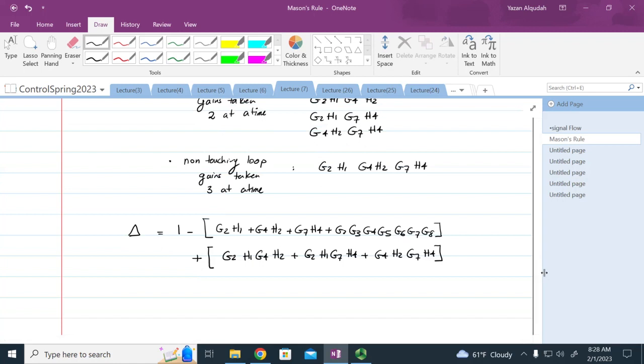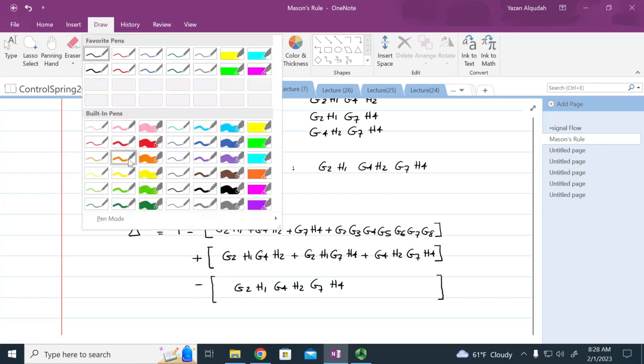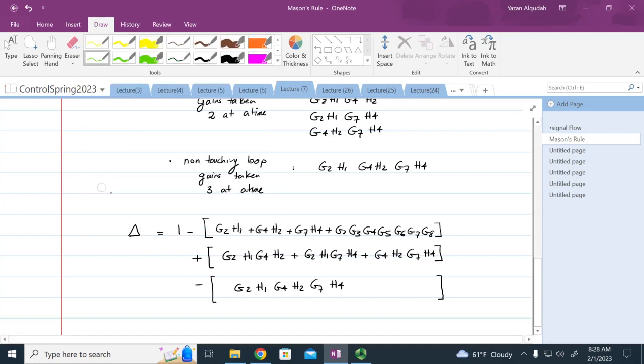What do we have to add to that? We're going to subtract loop gains taken three at a time. So we're going to have minus G2, H1, G4, H2, G7, H4 together. Is that clear? So this is coming from here.